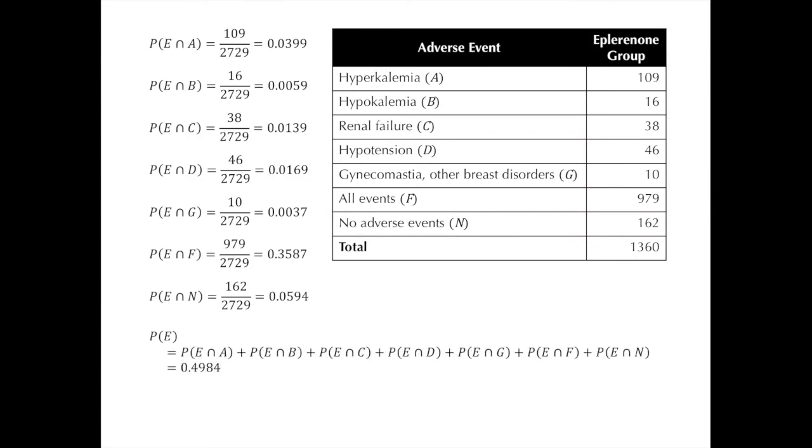Now we add all of these joint probabilities together and we get the same value for the marginal probability that we determined earlier.